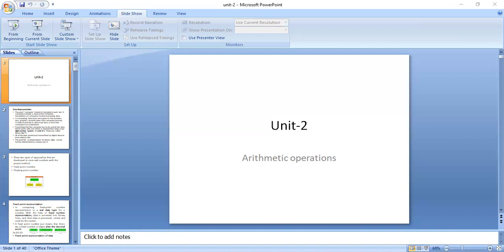If the multiplier bit is 1, add the multiplicand to the product and place the result in the product register.